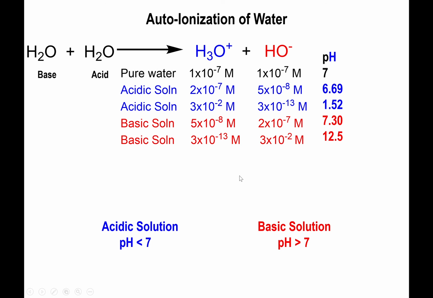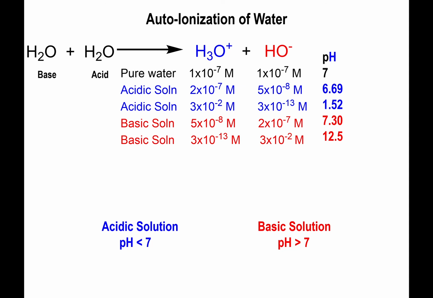So this is to say that if you add an acidic solution to water, the pH better end up being lower than 7. It doesn't need to be very much lower than 7. It could be 6.99, that still counts as being lower than 7, but it has to be lower than 7. If you add a basic substance, the pH has to be greater than 7. It could even be 7.01, and that will still count as being higher than 7.